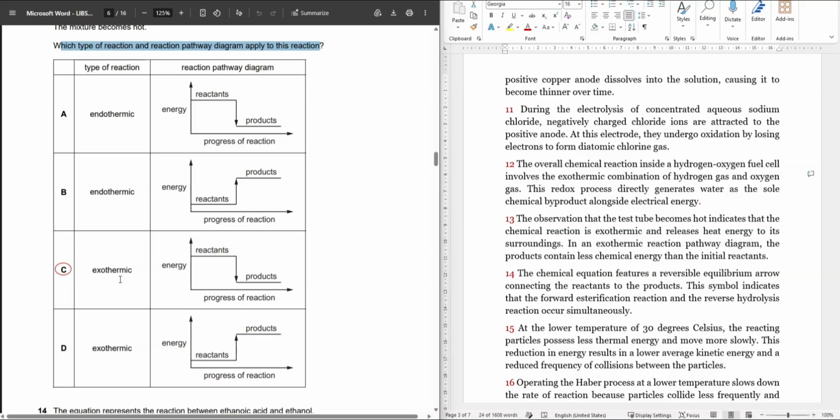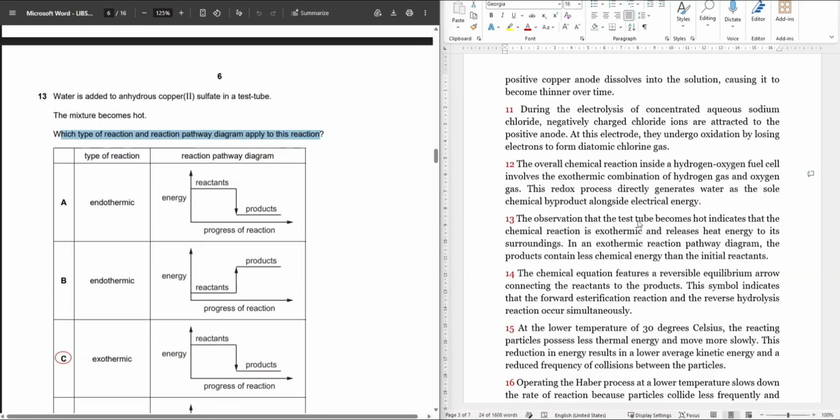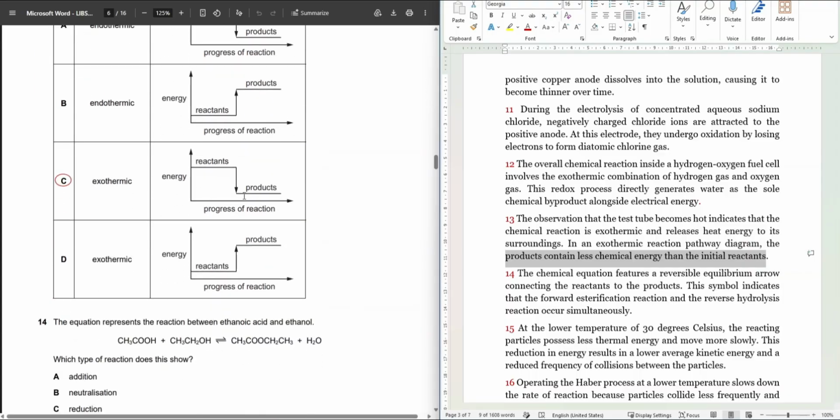The reason is that the observation that the test tube becomes hot indicates that the chemical reaction is exothermic. So it becomes hot, so of course the heat is released to the surroundings. Then in an exothermic reaction pathway diagram, the products contain less chemical energy than the initial reactants. So our answer choice C exactly matches the explanation. So this is the correct answer.